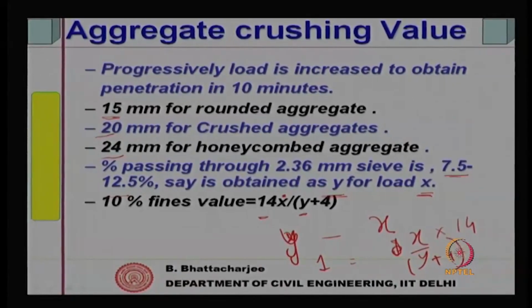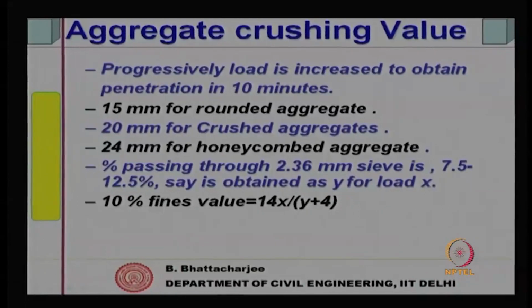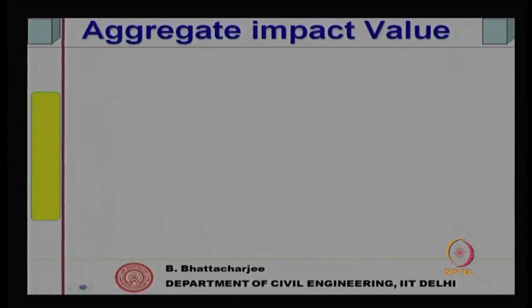So here it is y plus 4 and 10 plus 4. It is assumed that up to 4 mm you get straightforward, after that it varies linearly. So, 14 x over y plus 4, where y is what you have found out, and 10 plus 4 is 14. This is the relationship used to find out the 10% value, and it is also used as a yardstick to compare two different aggregates.